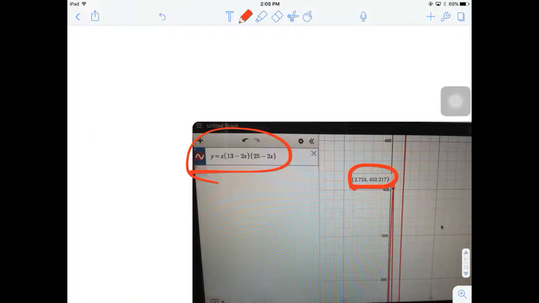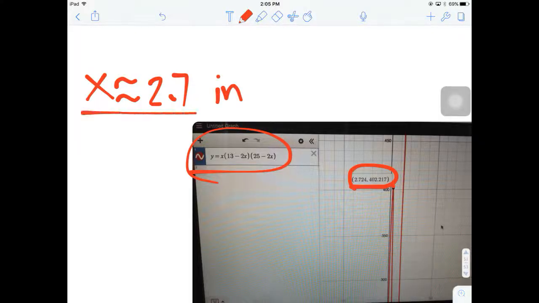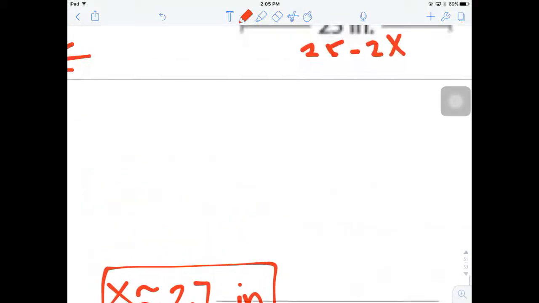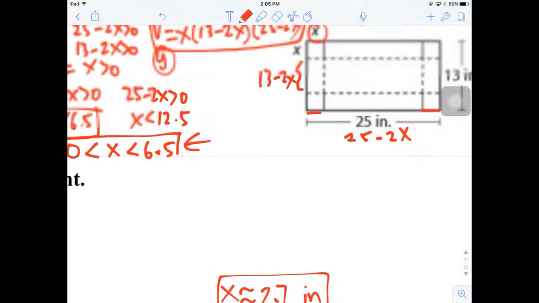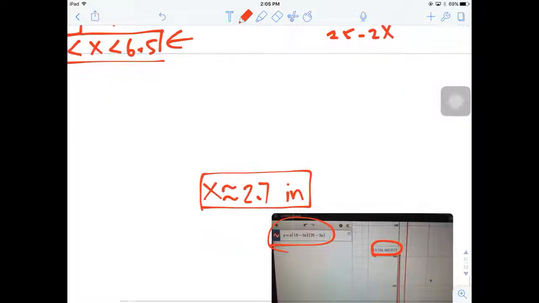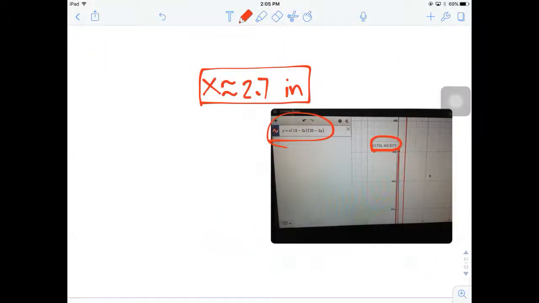So I have x, which is approximately 2.7, to the nearest tenth, so 1 decimal. And again, I believe this unit is inches. So that's our actual answer for the x value. And notice that it falls within our range right here of between 0 and 6.5. So this tells us we're looking for the answer between 0 and 6.5, and there is the maximum right there.